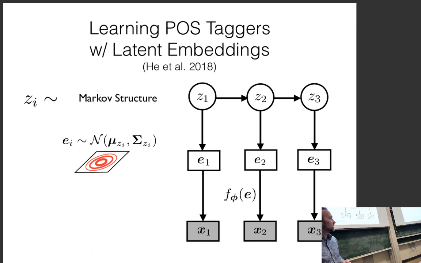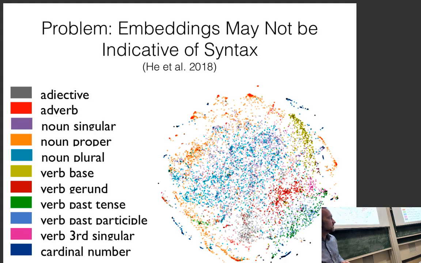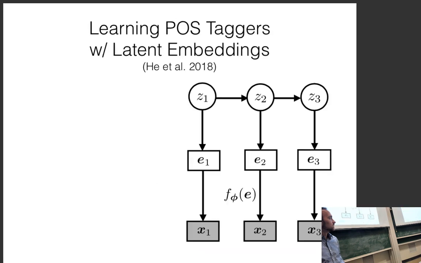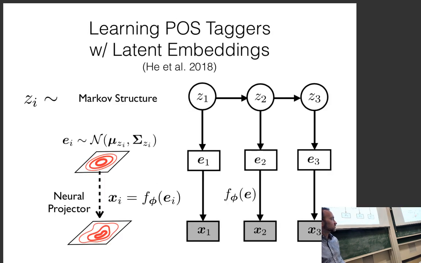Actually, maybe those two are not the best illustration, but maybe the yellow one over here is a better illustration. This is not Gaussian. This is clearly, at least in the space that we projected into, it's clearly not Gaussian. But you could easily learn a neural network that basically converted a Gaussian into something that's kind of elongated like this, that covered the space. So that's what that neural projection would be.